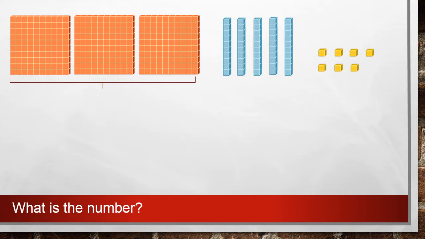We have to count by 100s. Let's start. 100, 200, 300. So we have 300 or 3 blocks of hundreds. Or we also can say 3 hundreds.